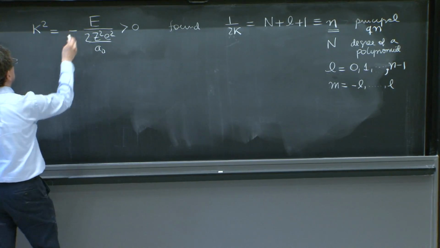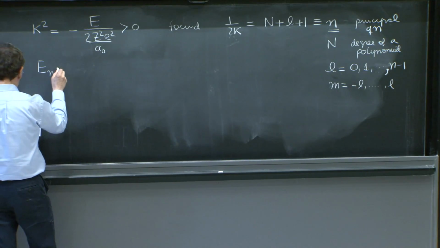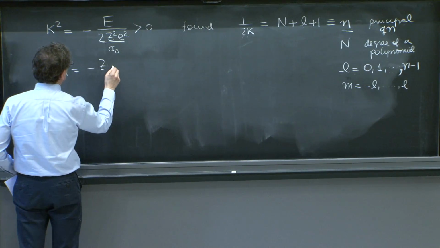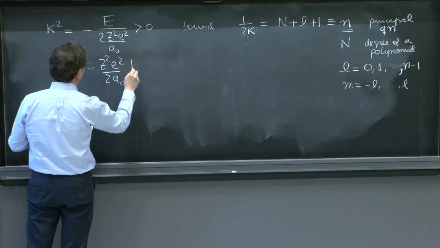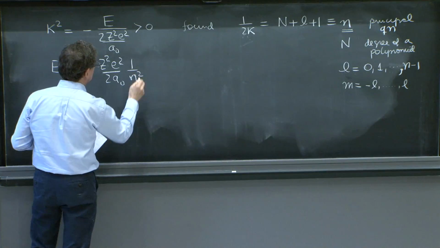The energies in terms of n are minus z squared e squared over 2a naught, times 1 over n squared.